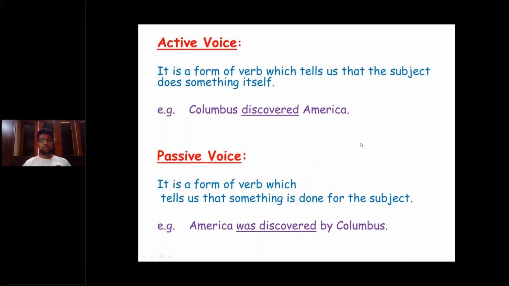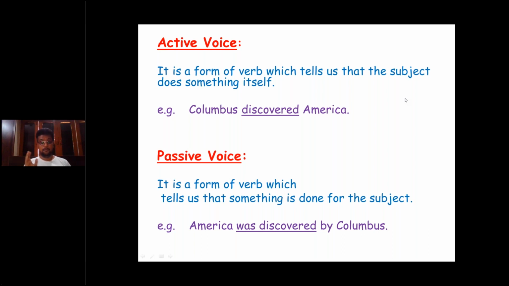Now, on your screens, we have shown a distinction between the active voice and the passive voice. Kindly read what is written. I told you that voice is a verb.